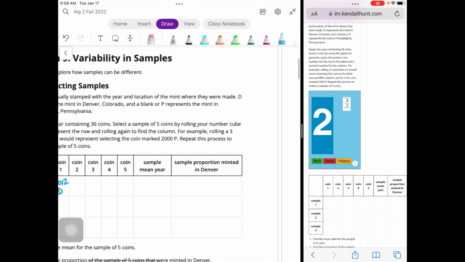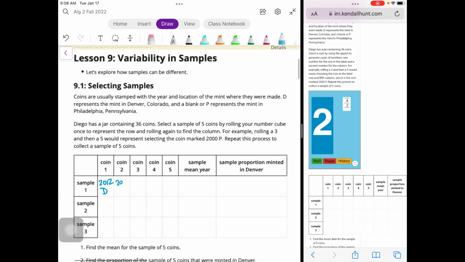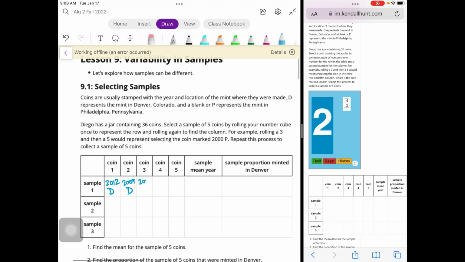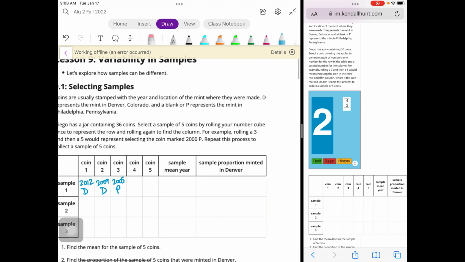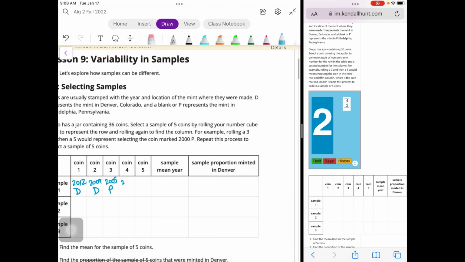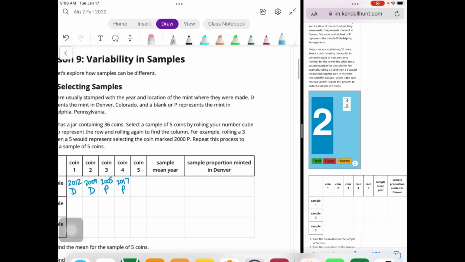Let's see, we had 2009D. We had 2005P. And 2017P. And 2012D.